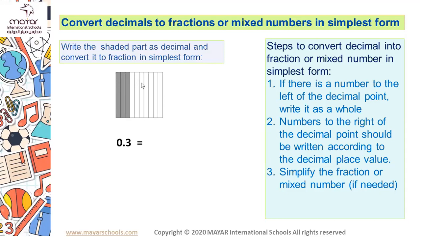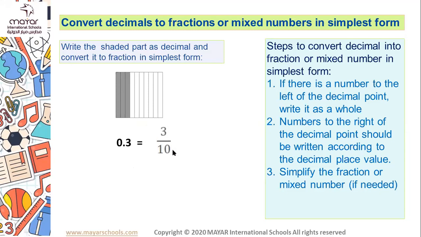Now, if you want to write it using the grid as a fraction, how many shaded parts? Again, if we want to write this grid as a fraction, how many shaded parts? 3 out of what? Out of 10.